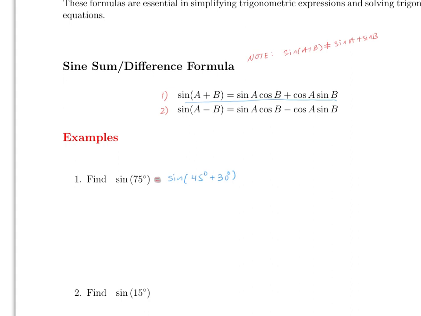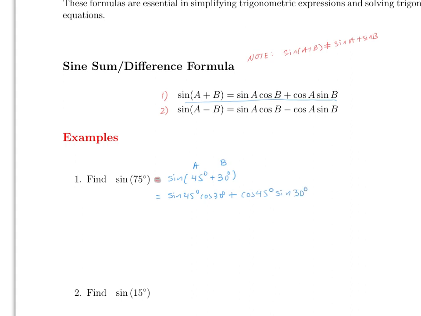So 45 plus 30 is 75. Then this will be A, this will be B. According to the formula, this is going to be sine of 45 cosine of 30 degrees plus cosine of 45 sine of 30 degrees.